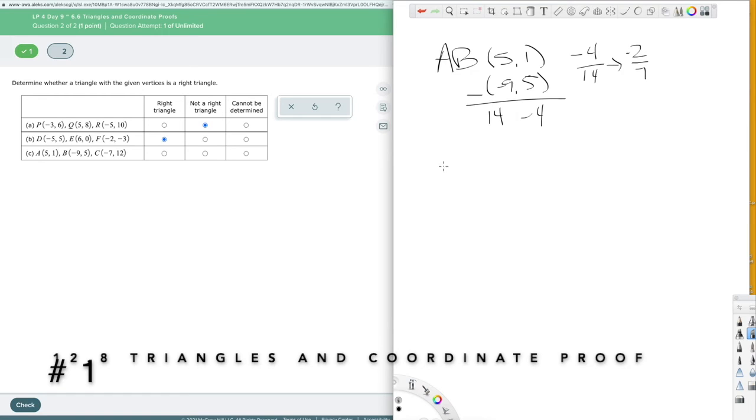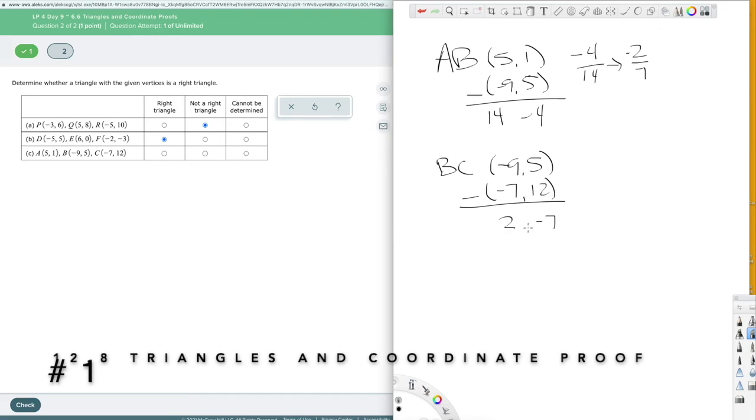Now I'm going to go BC. So I end up with (9, 5) and (-7, 12). 5 minus 12 gives me -7. -9 minus -7, that turns into a positive, so this turns into a positive 2.